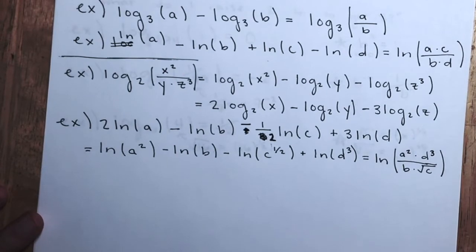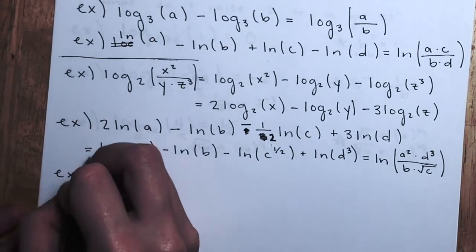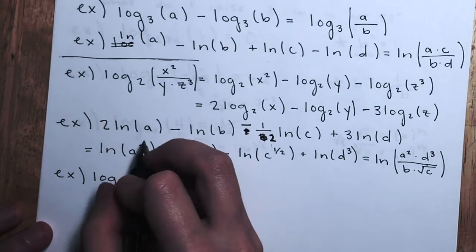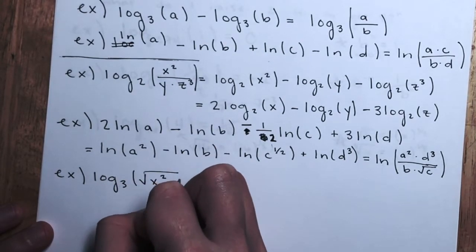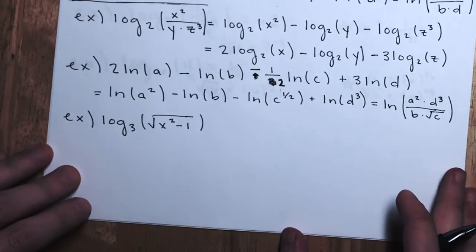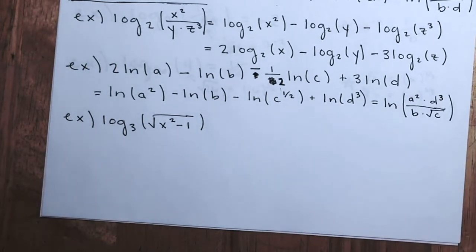Okay, another example I would like to try out. This one's going to look pretty funky, but I want to make sure we can handle something like this. Log base 3 of the square root of x squared minus 1.